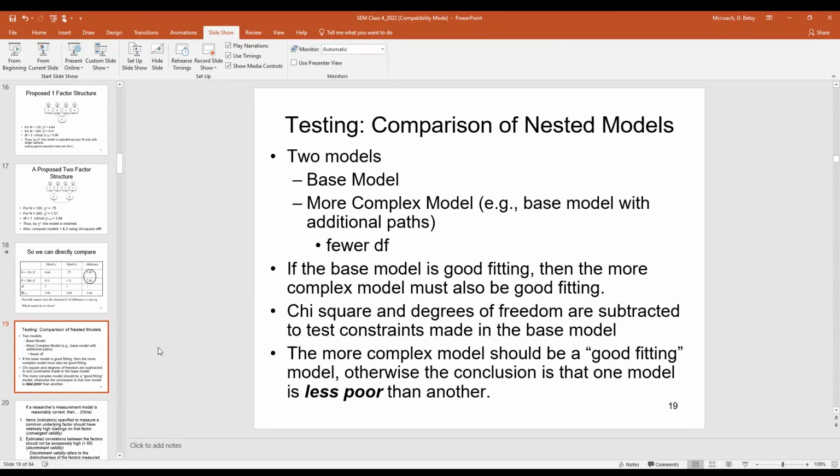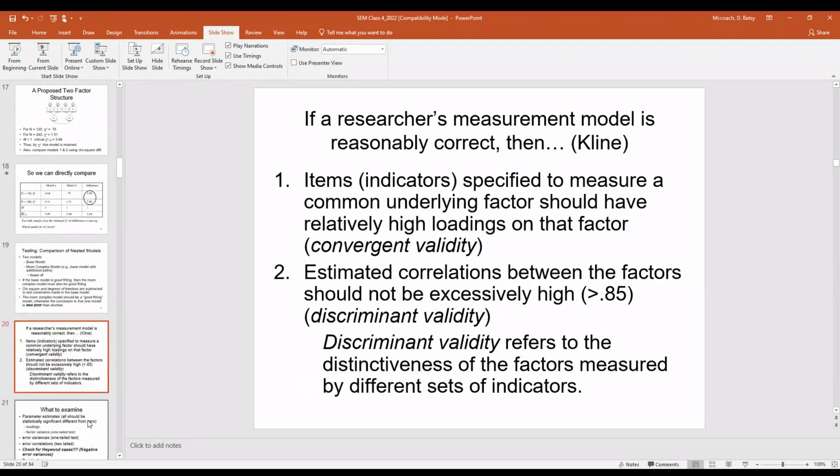And yes, one might fit better than the other, but that's not exactly a rousing endorsement. Do you know what I'm saying? So that's my last point: the more complex model should be a good fitting model. Otherwise, your conclusion is just, well, this model isn't as bad as this one, but they're both kind of dogs, which is of course not what we're hoping for.